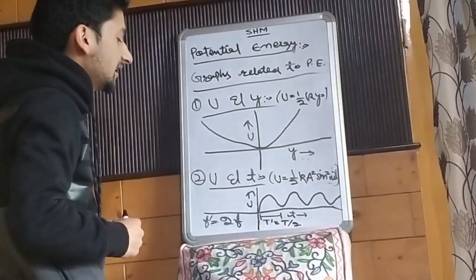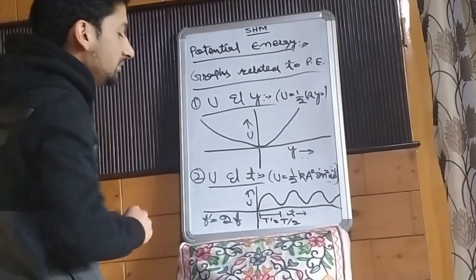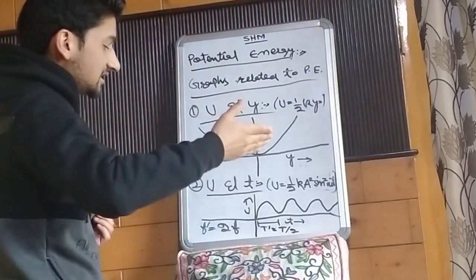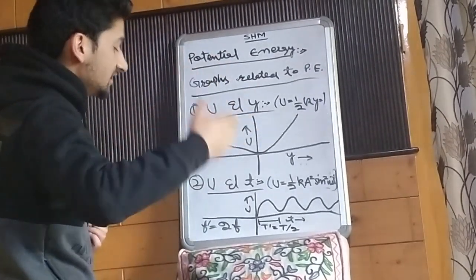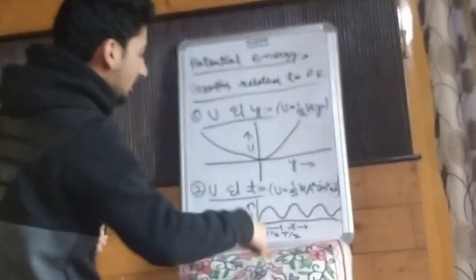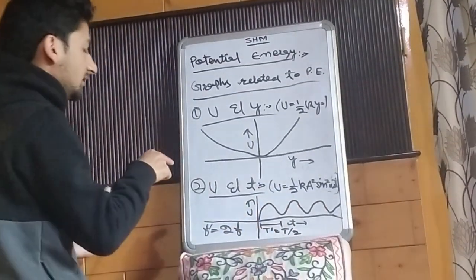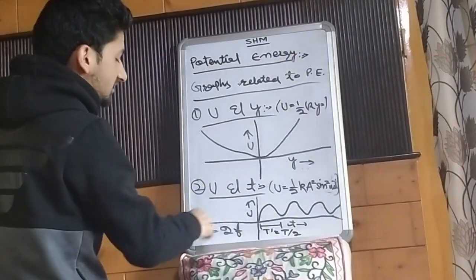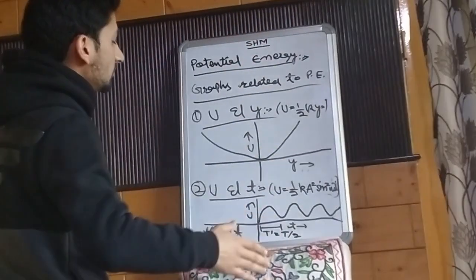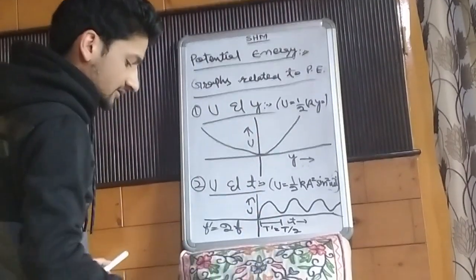So when a particle executes simple harmonic motion with time period T and frequency f, the potential energy and kinetic energy oscillate with a time period equal to T dash, which is equal to T by 2, and a frequency denoted by f dash, which is equal to twice of f. So this was about the graphs related to potential energy.